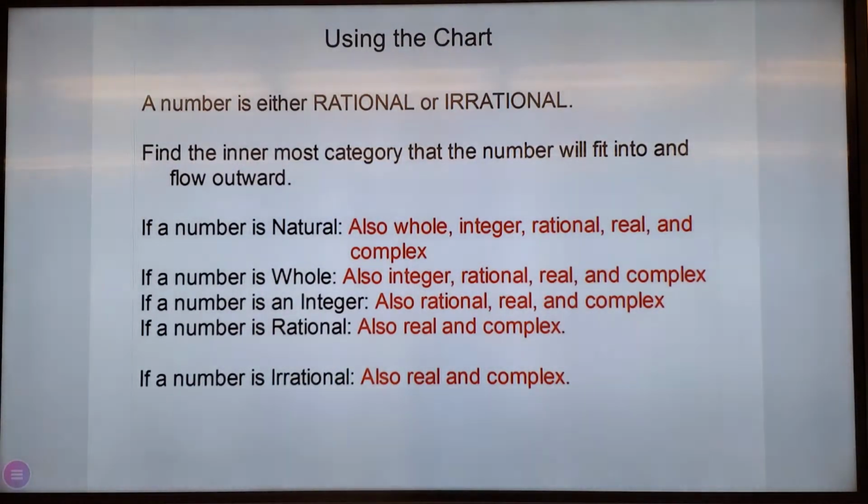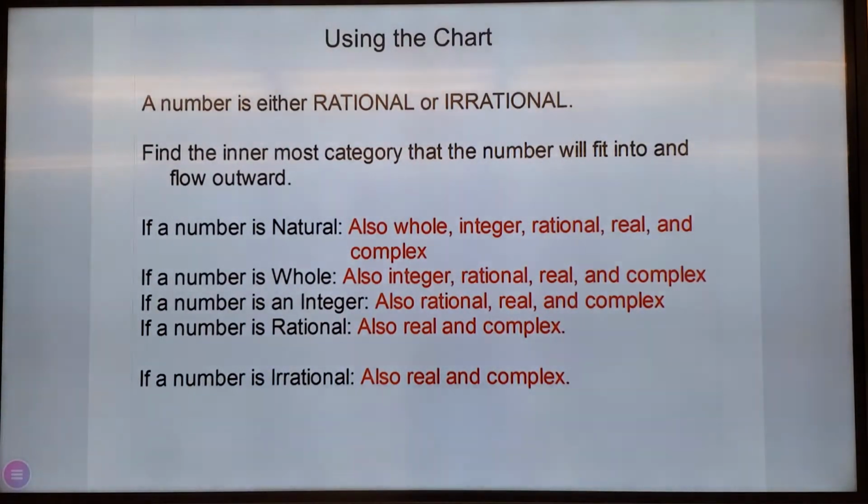So if I ask for the number 5, if I asked for your best description, it would first be introduced in the natural numbers, and natural numbers is that letter A. That's the best classification. And then letter B is going to be explaining which other subsets it would fall into.